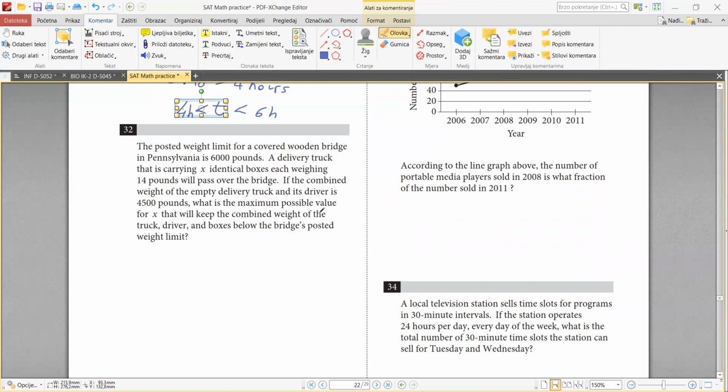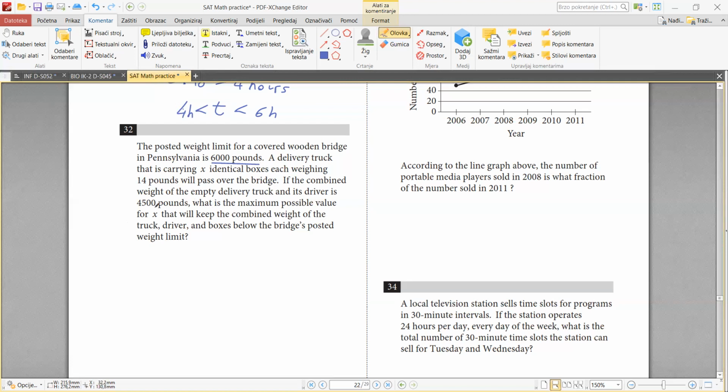If the combined weight of the empty delivery truck and its driver is 4,500 pounds, what is the maximum possible value for X that will keep the combined weight of the truck, driver, and boxes below the bridge's posted weight limit?